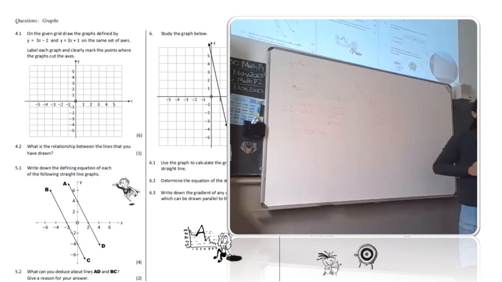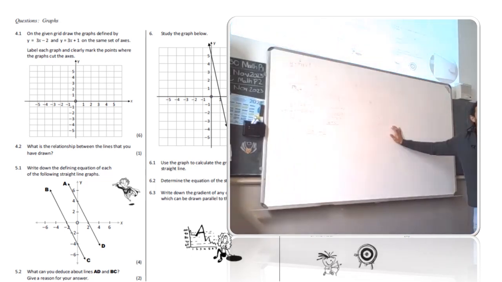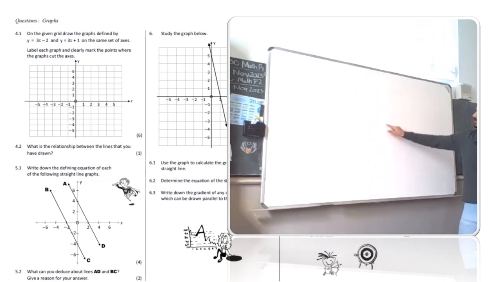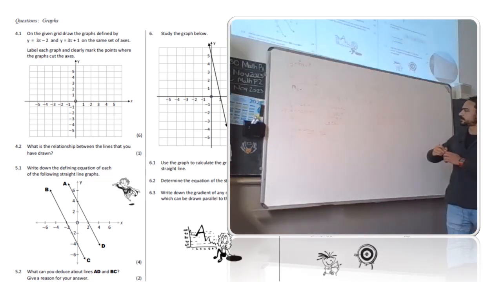C value is the what again? You can actually see the value. Y intercept. Where does this line cut the y-axis? Negative 4. So what is the value that we should put in here? Negative 4. So that positive falls away, and your answer is negative. Well done, great stuff.